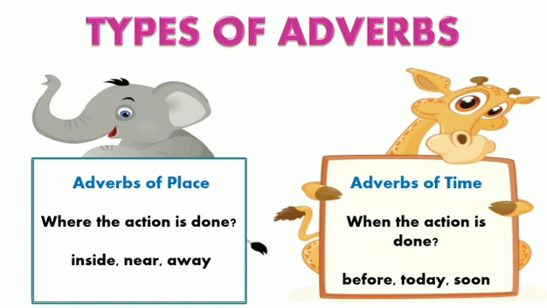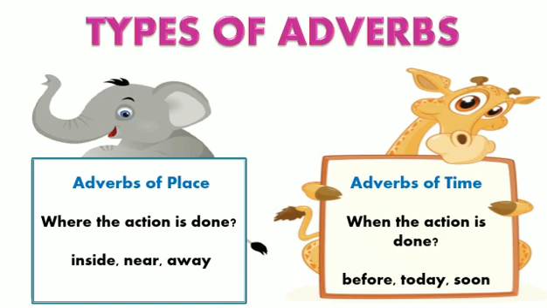Then comes the adverbs of time. Again, as you can understand by the name, adverbs of time tell you when the action is being performed, they tell you about the time of the action. For example, I will come to your place tomorrow. In this sentence, the action you're doing is that you are going somewhere. And when will you go to that place?